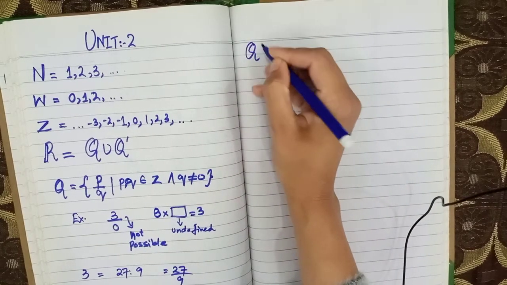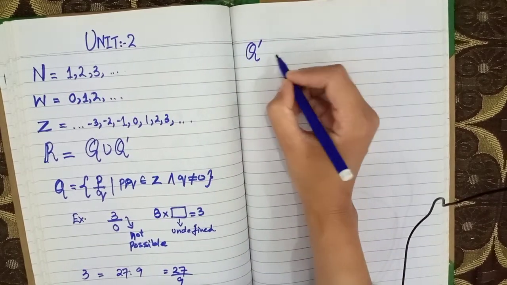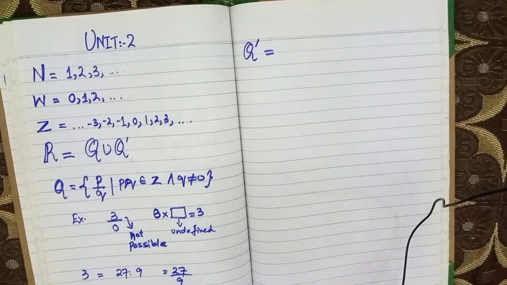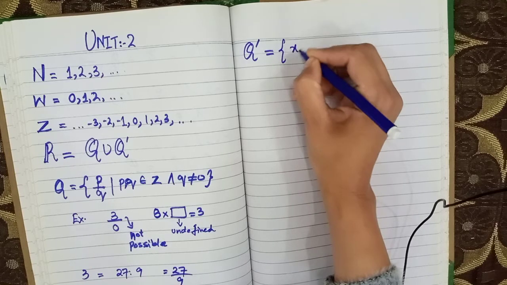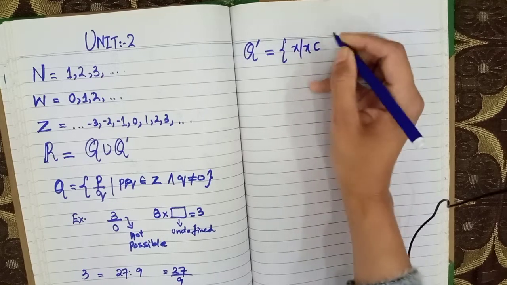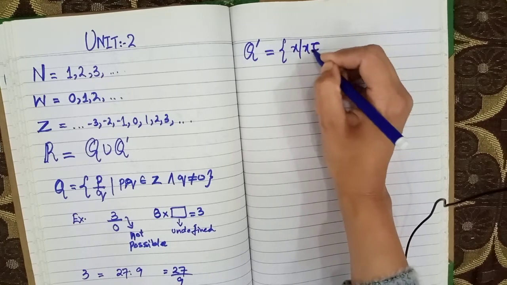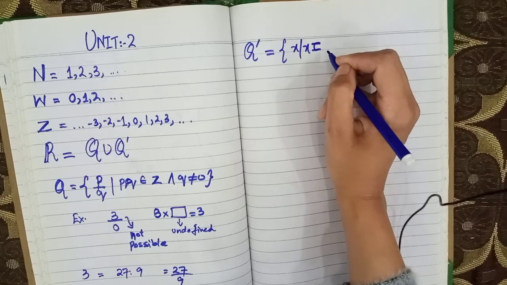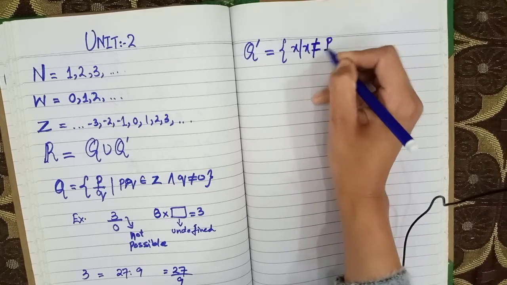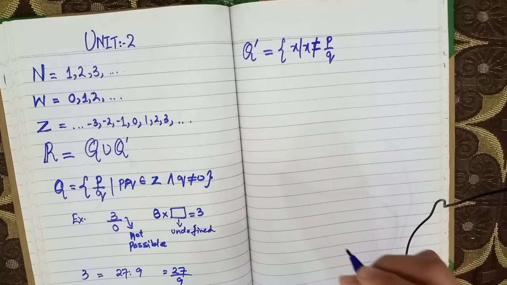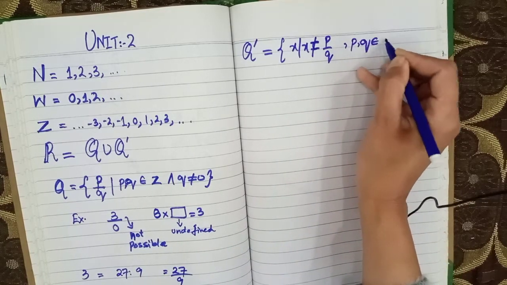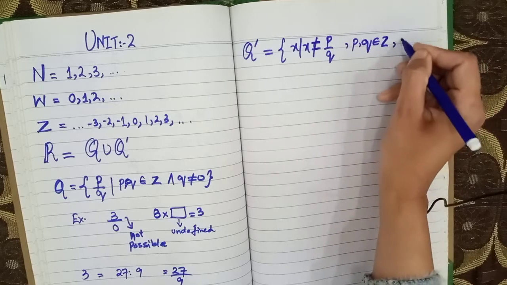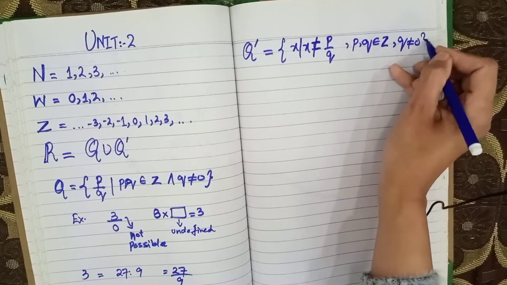What are irrational numbers? Irrational numbers are all those numbers that cannot be written in the form of p by q. x such that x is not equal to p by q, with p and q belonging to integers and q not equal to 0.